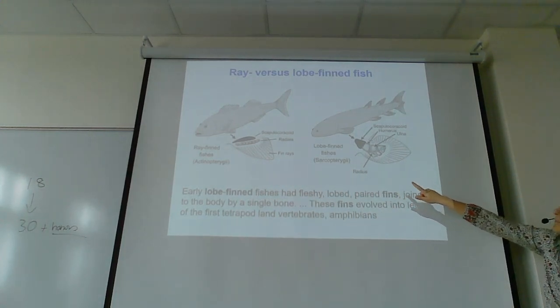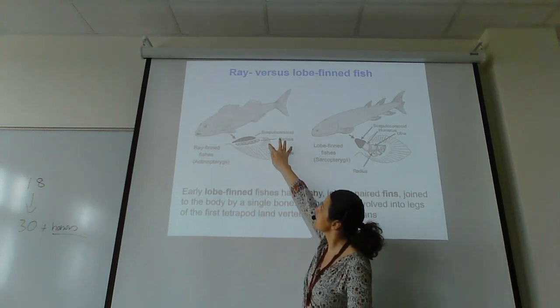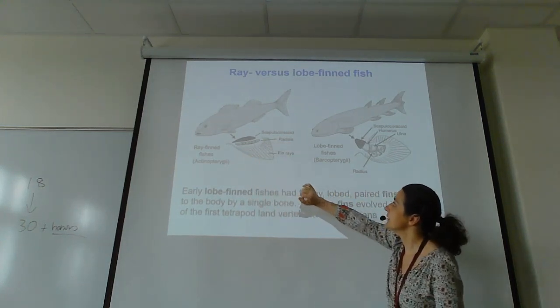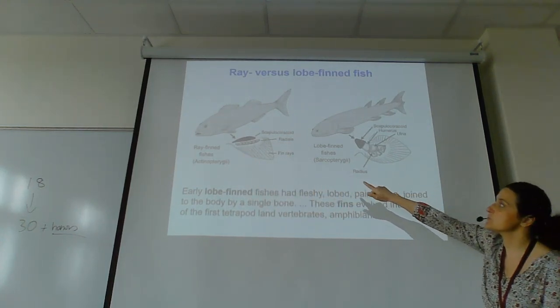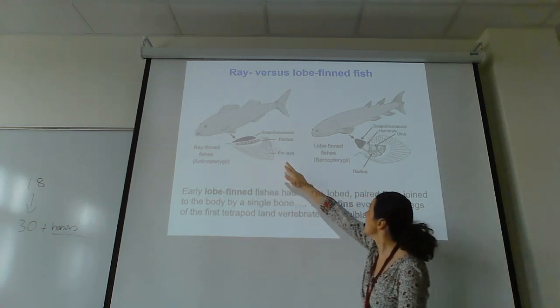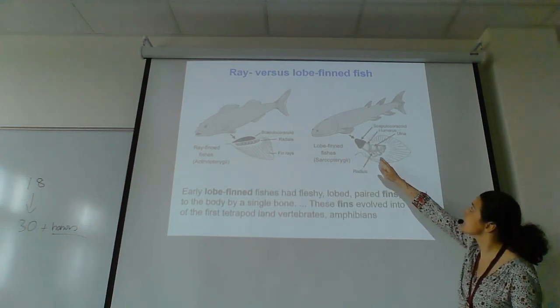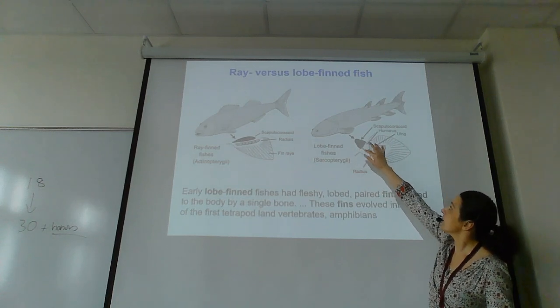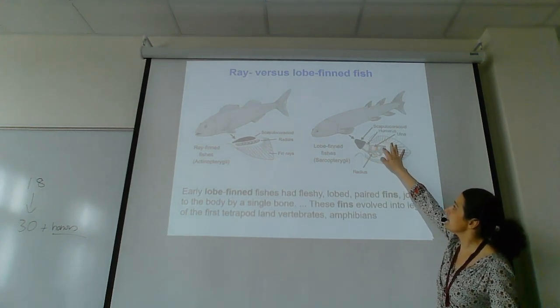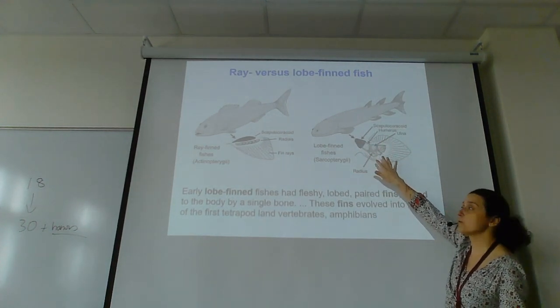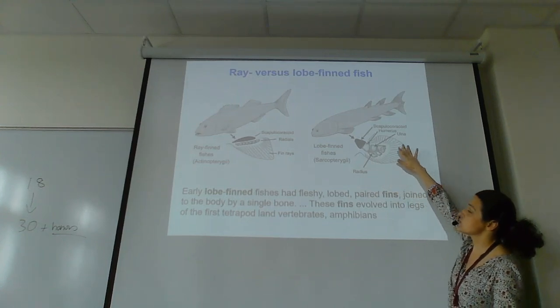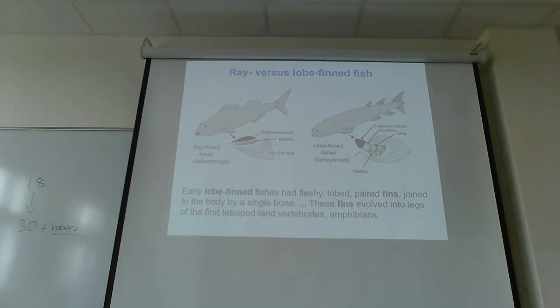And you see how here there is a series of very thin rays that develop on a series of small bones. And here you see a very thick bone, a series of other kind of also strong bones, on which the fin develops. So this is the lobe fin, and this is the ray fin.